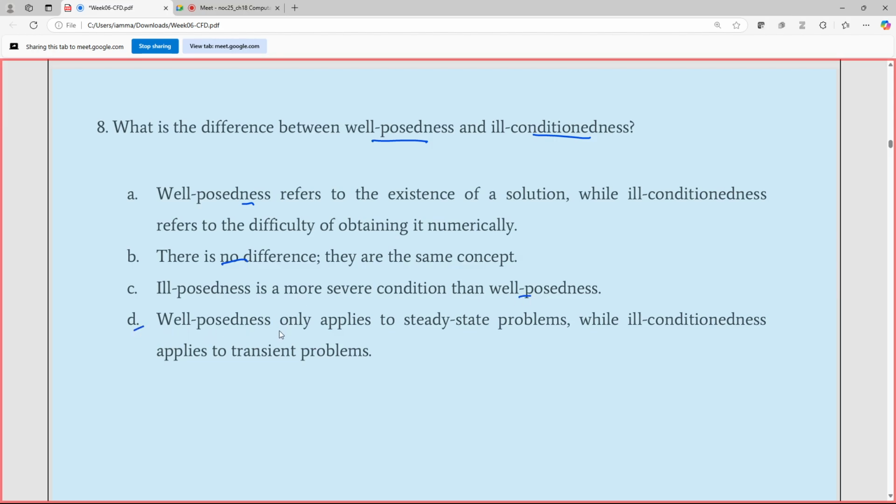Option D, well posedness only applies to steady state problems, while ill conditionedness applies to transient problems. You can try to solve the question and inbox your answers. What is the basic difference between well-posedness and ill-conditionedness?